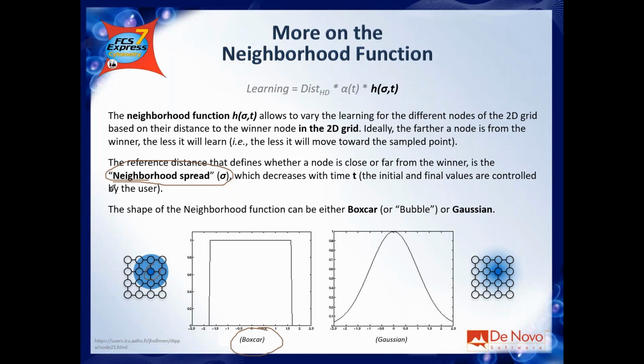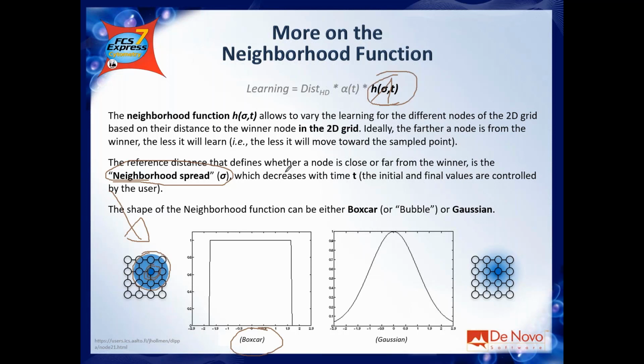Have a look at this example. If this is the winner node, you really draw a circle around it and you say everything within this will move exactly as the winner node. Basically for all the nodes in the blue area, h will still be 1. All the nodes outside the area will not move at all. It will be 0.